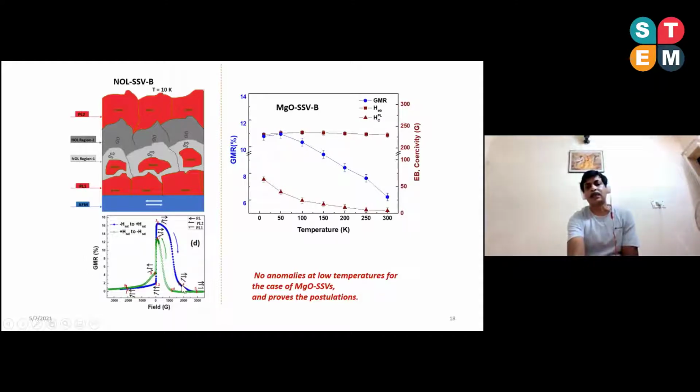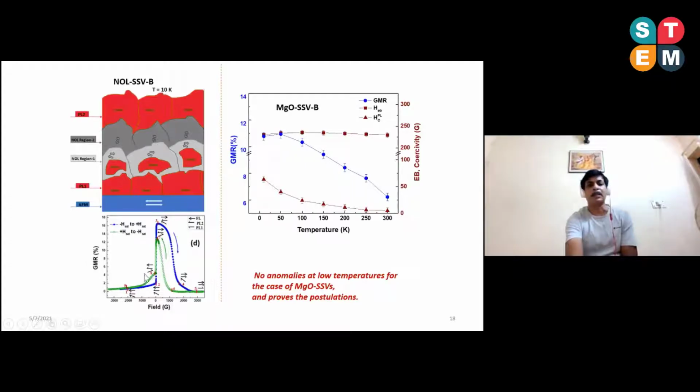The tail-like structures we see are due to the spin disorder within the antiferromagnetic insulating layer. The same happens when rotating between points 5 and 6, which again changes due to the pinned layer rotation.